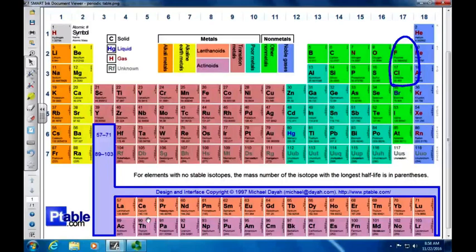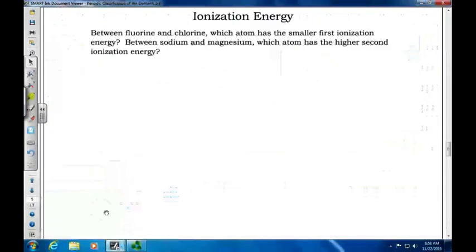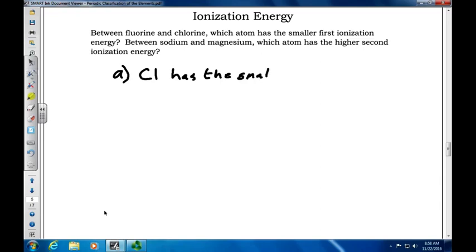Knowing the valence electrons are not held in quite as well as in fluorine, we can very readily say that in part A, chlorine has the smaller first ionization energy.